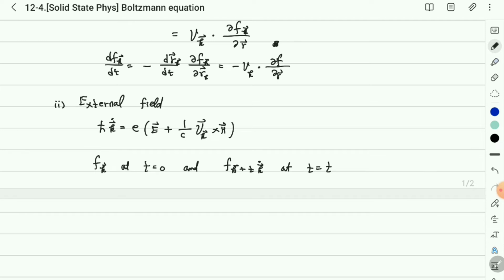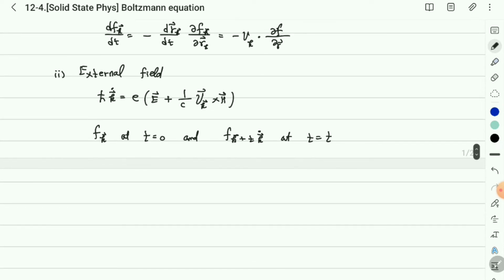Anyway, then the field term, the minus f_k-dot for field, is 1 over t times (f_k plus τ_k-dot minus f_k).